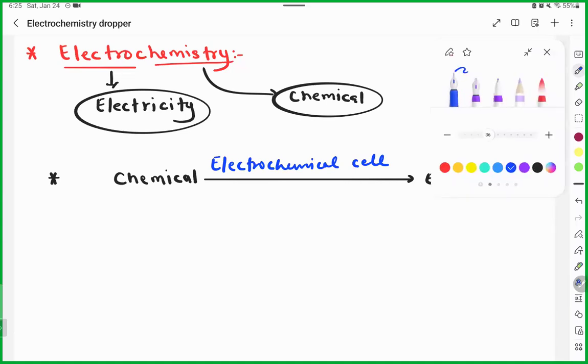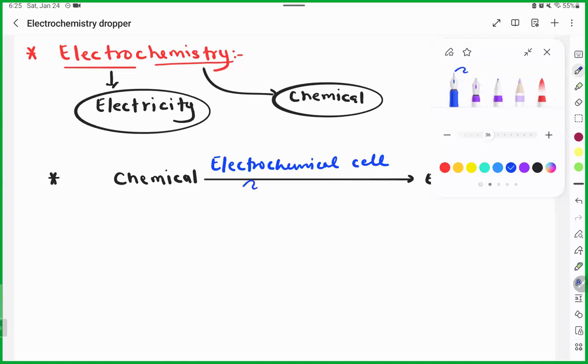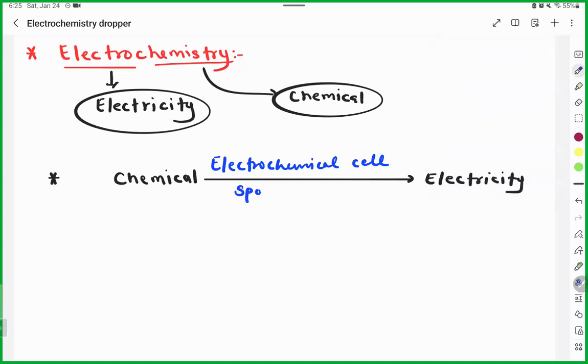Next, is this a spontaneous process or non-spontaneous process? Spontaneous. What do you mean by spontaneous?